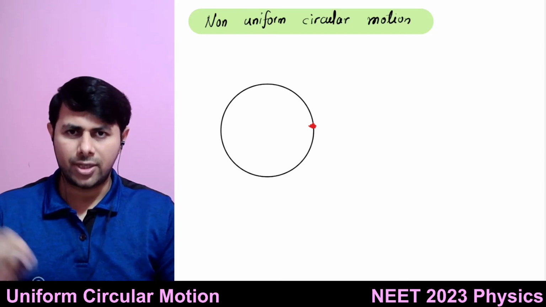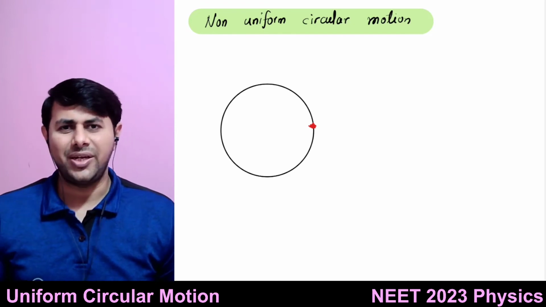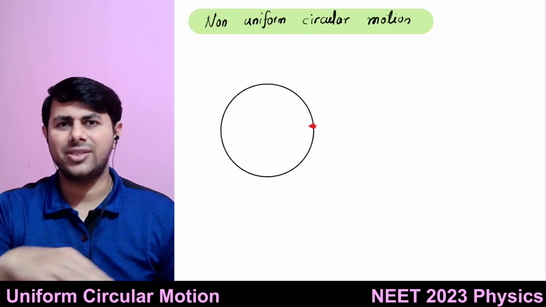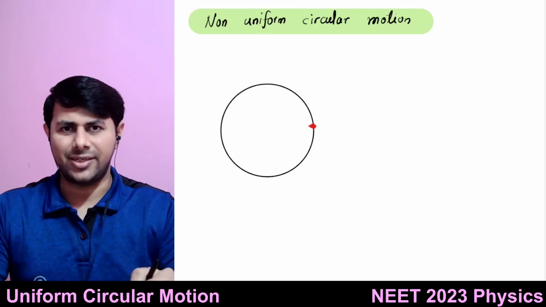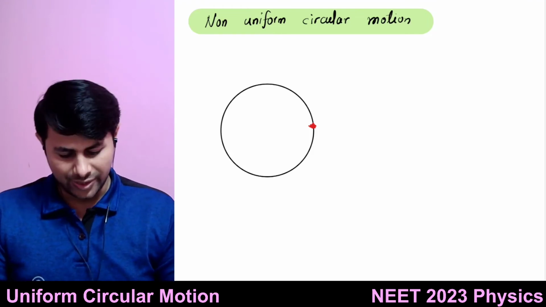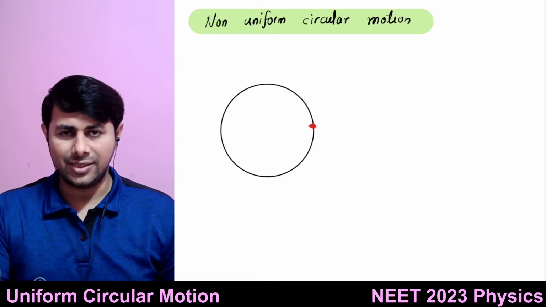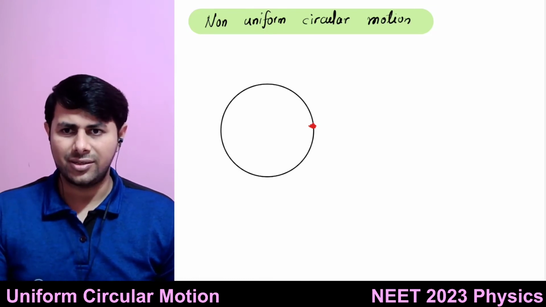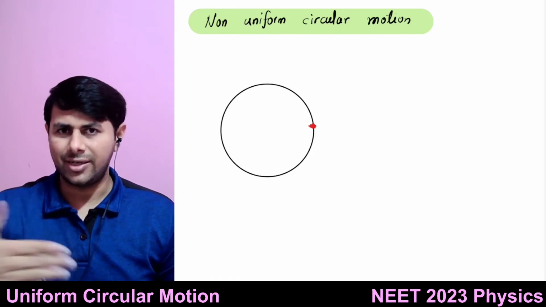Suppose you are driving your bike or your scooty, anything, along a circular track. At a particular point, you accelerate very fast, so your radius won't change much. We can say the radius is constant for a very short moment.